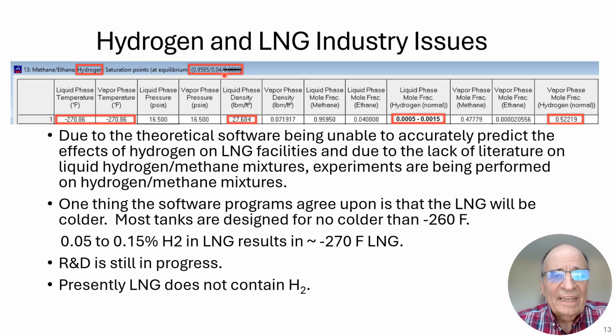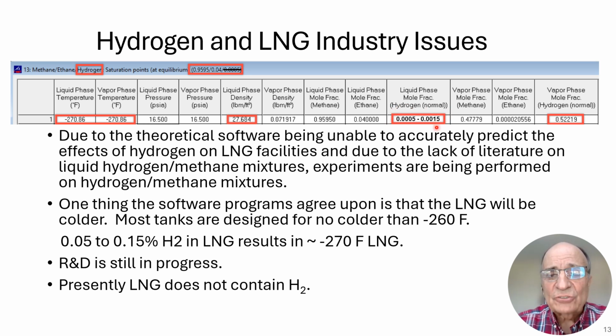I crossed out, in this particular program, I was showing 0.05% hydrogen in the LNG liquid, and the other program showed 0.15% hydrogen in the liquid. So that's 3 times the amount, but there's still very small amounts of hydrogen in the liquid.